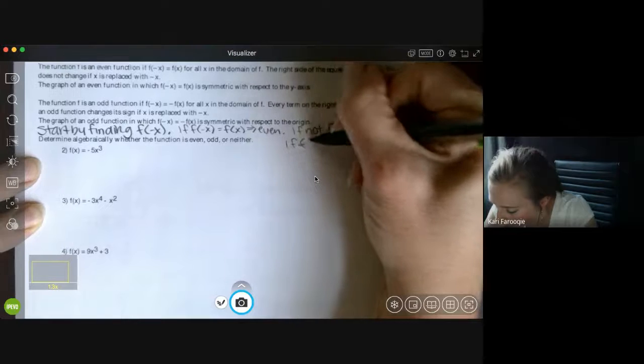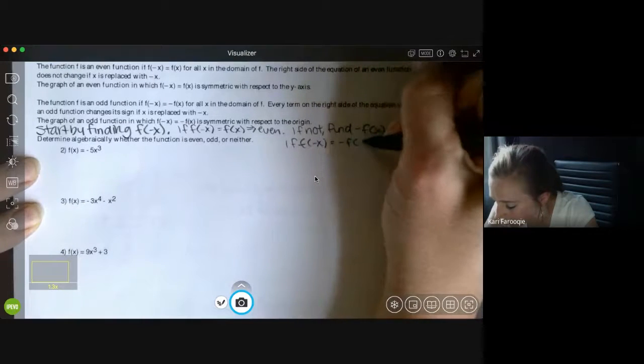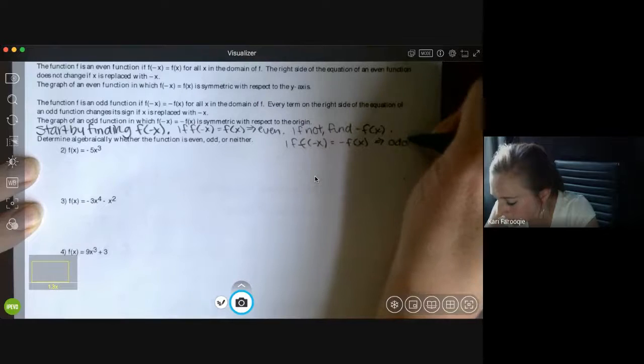If f of negative x equals negative f of x, then your function is odd.